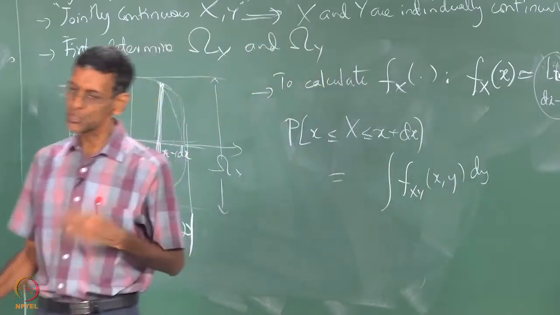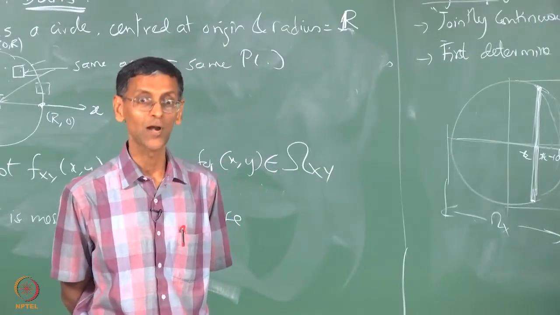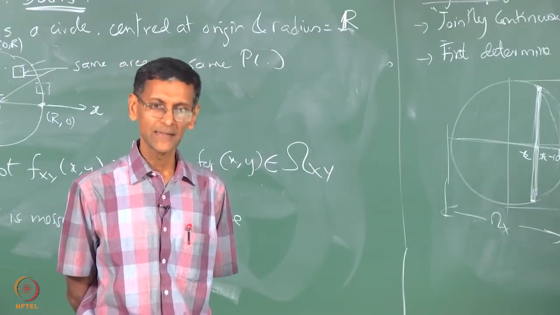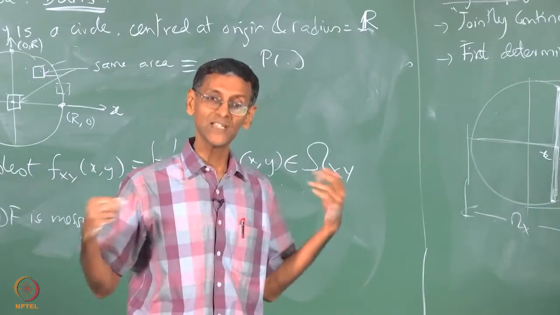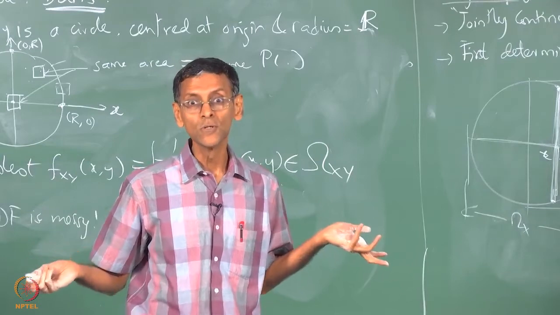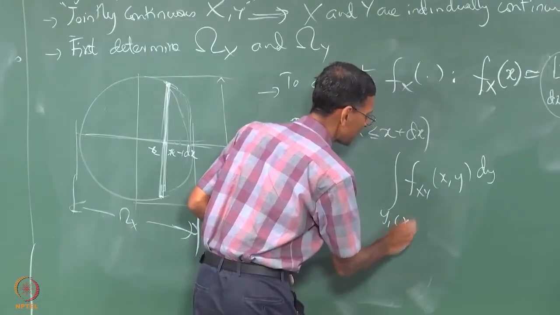We should write the y1 and y2. We should not be intellectually lazy, we should not run away from the fact that there is always some y1 and y2, and that y1 and y2 will depend in general on the value of x you pick. So I should be prepared to write y1 of x, y2 of x here.